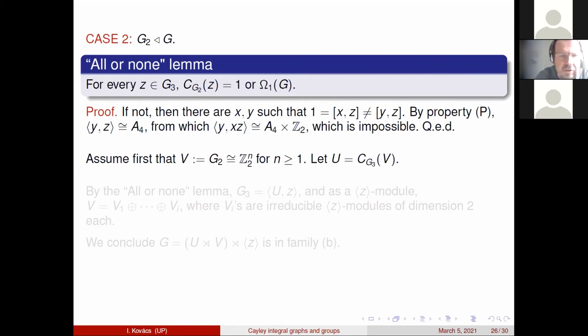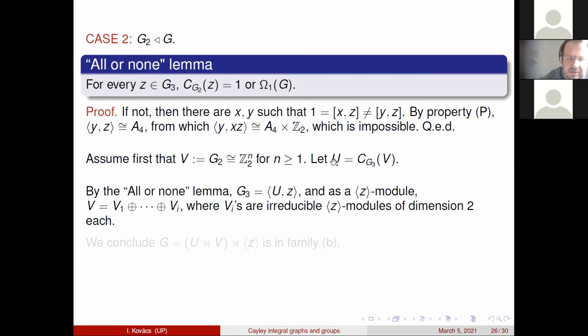Okay, so G2 is normal, and the first case to consider is when G2 is elementary abelian. You take the centralizer of this elementary abelian group in U, and by the all or none lemma, the centralizer should have index 3.